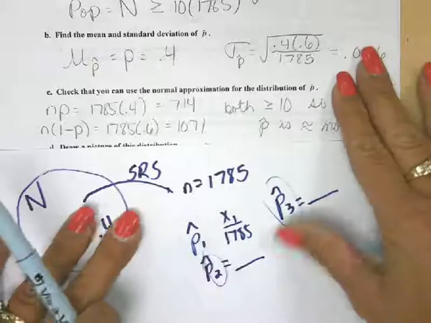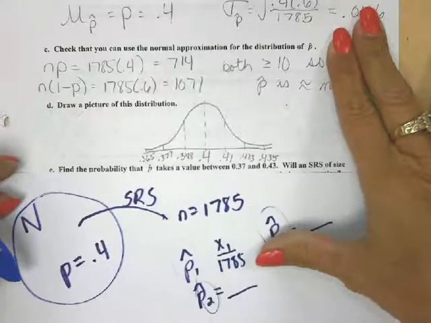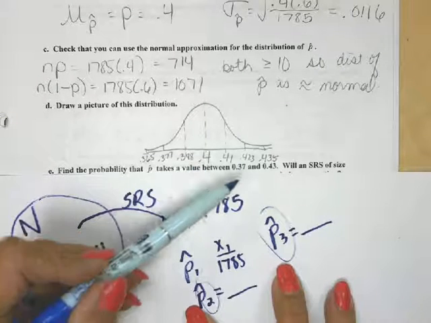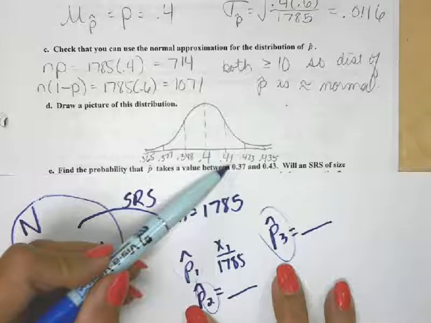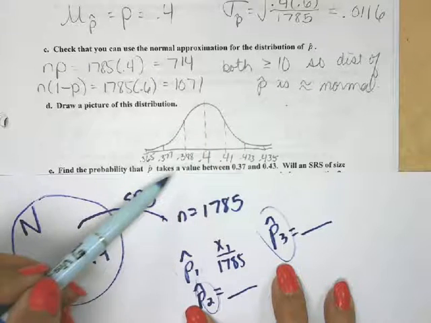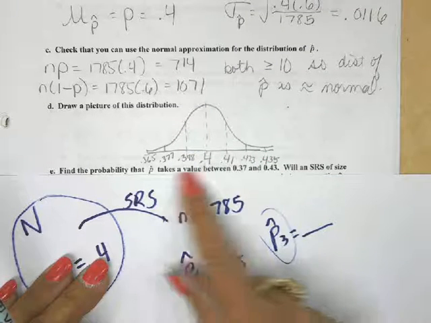So I said draw a picture of this distribution. I centered it at this proportion, and I have roughly a 0.01 or 1% standard deviation for my p hats. So since it's approximately normal, we can draw the bell-shaped curve.